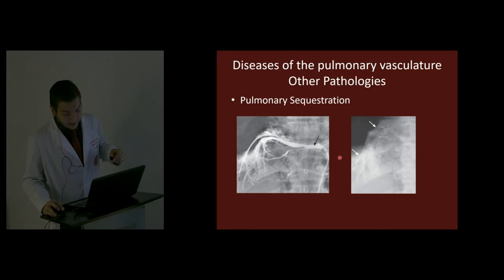We can see an anomalous large artery, at this arrow, that goes from the thoracic portion of the aorta and opacifies a portion of the lung parenchyma, and this drains to the normal pulmonary veins. Here, we can see the opacification in this same patient.